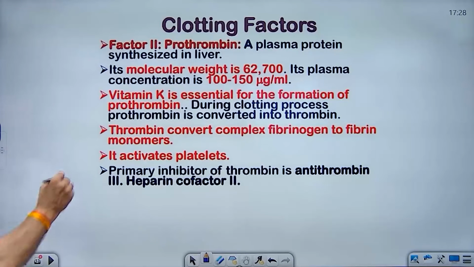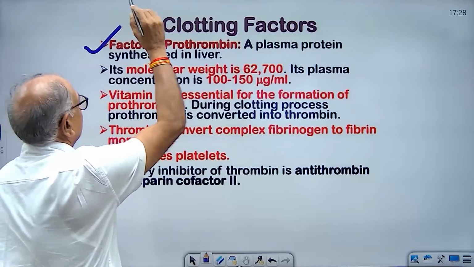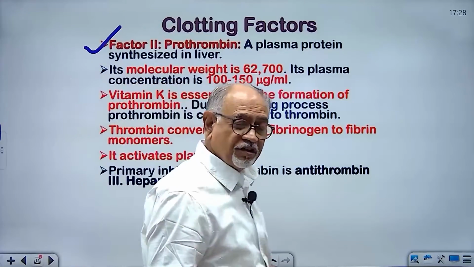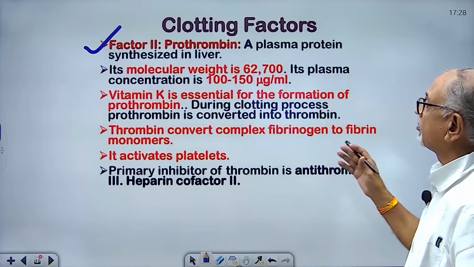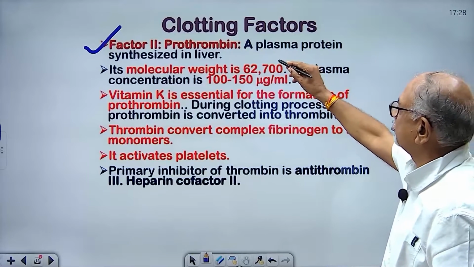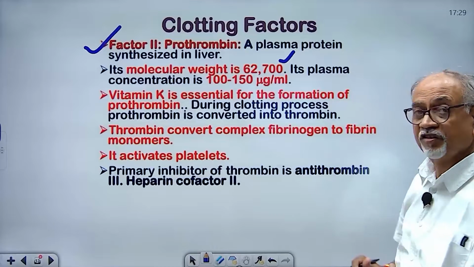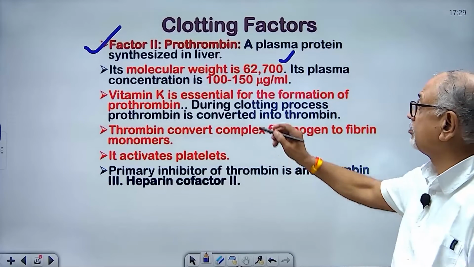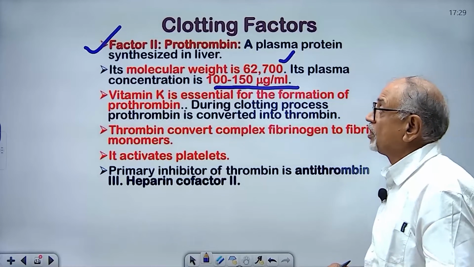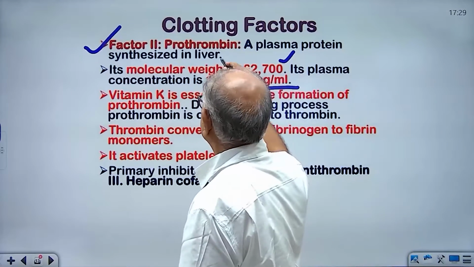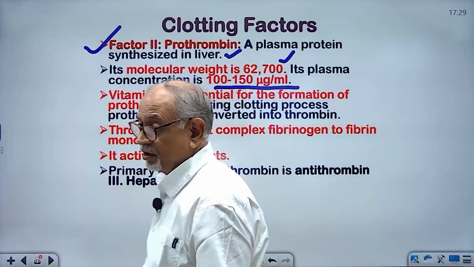The second factor is prothrombin. It is also a plasma protein. Its molecular weight is 62,700. Its plasma concentration is about 100 to 150 μg per ml. It is also synthesized, like others, in the liver.